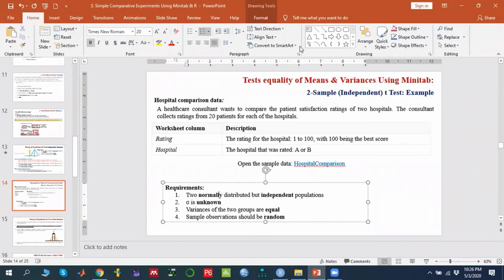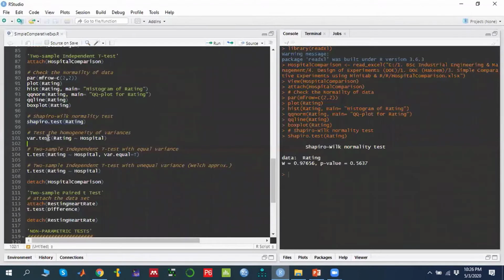And the second thing we need to check is whether the variances are equal or not equal. That means we are going to apply the homogeneity test. We can apply the equality of variance test, that is the F test, because data is following the normal distribution.